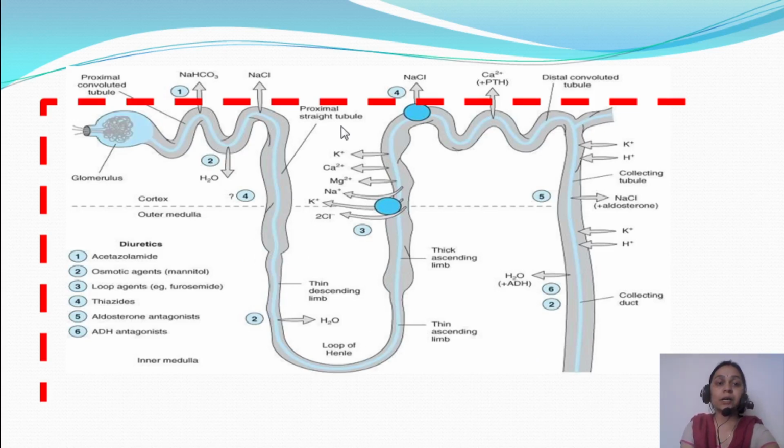Each kidney contains approximately 1 million nephrons, and each nephron is capable of forming urine independently. Two important functions of the kidneys are to maintain a homeostatic balance of electrolytes and water, and second, to excrete water soluble end products of metabolites.